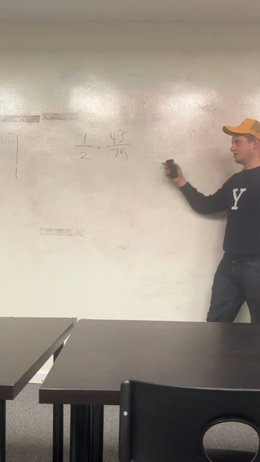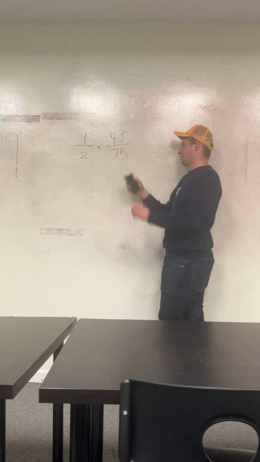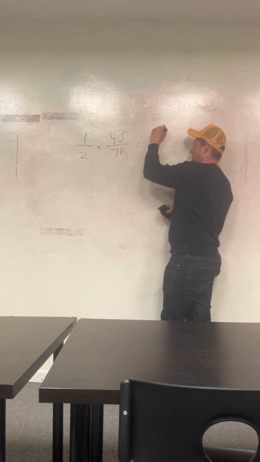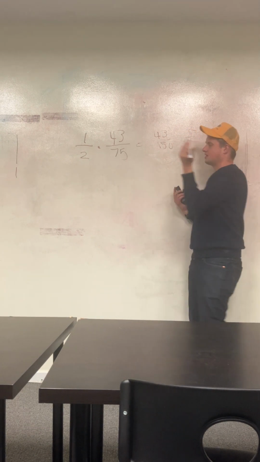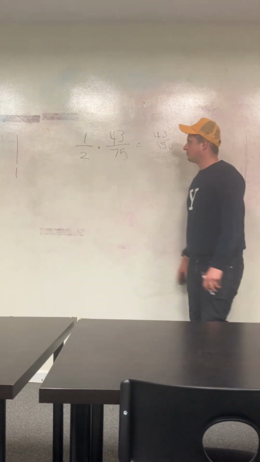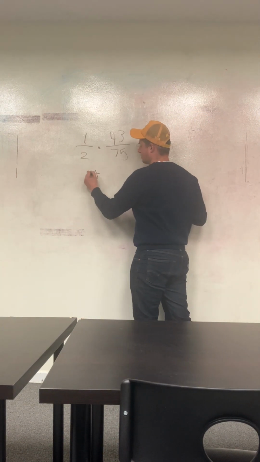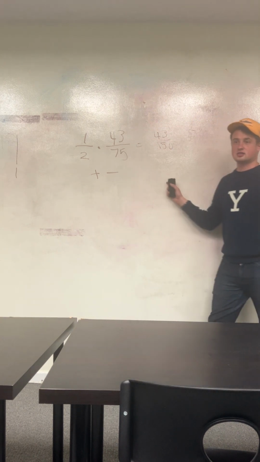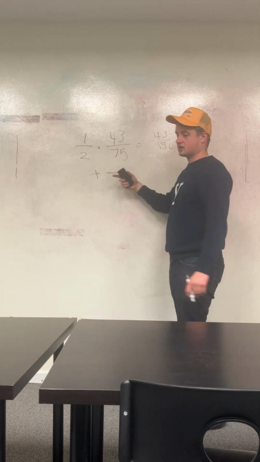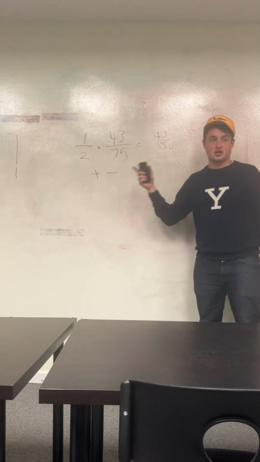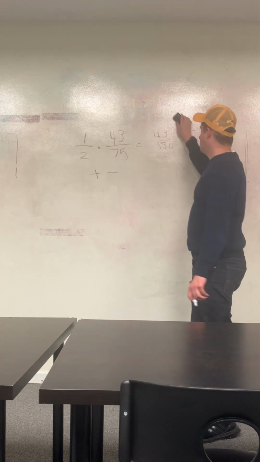That's kind of crazy, but it doesn't matter for multiplication because you just multiply to get 43 over 150. That's fine. This will not work if we ever need to add or subtract fractions, and that's what we're going to grow up towards as we're learning tonight, is adding and subtracting fractions.